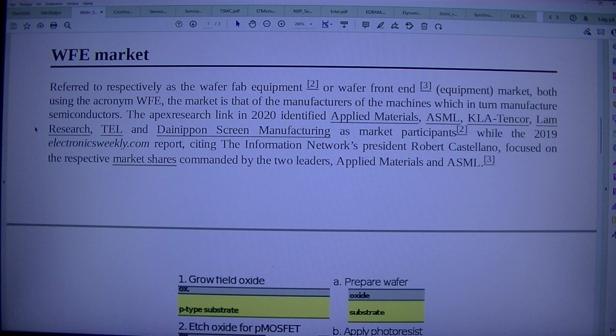The Apex Research link in 2020 identified Applied Materials, ASML, KLA Tencor, Lam Research, TEL and Dainippon Screen Manufacturing as market participants, too, while the 2019 electronicsweekly.com report, citing the Information Network's president Robert Castellano, focused on the respective market shares commanded by the two leaders, Applied Materials and ASML.